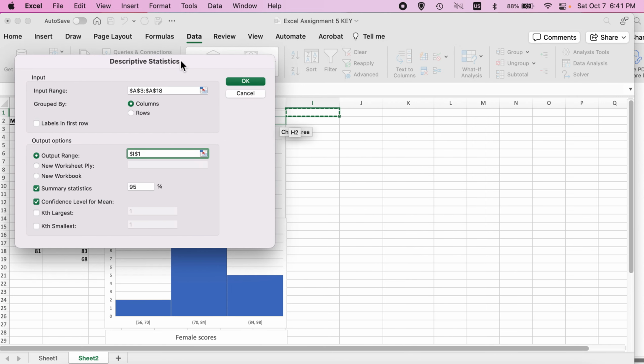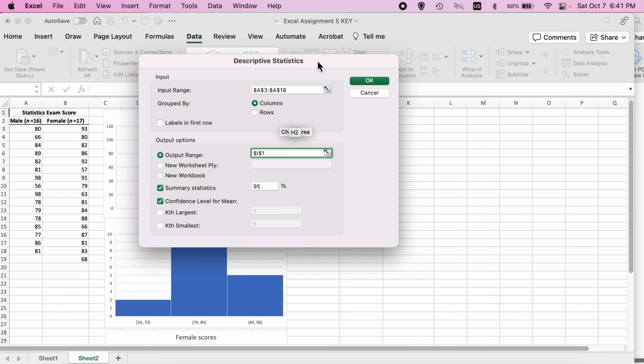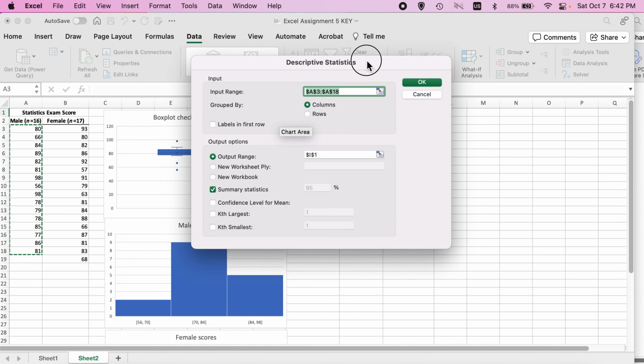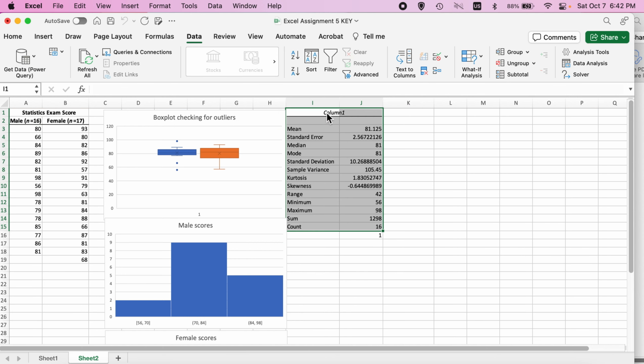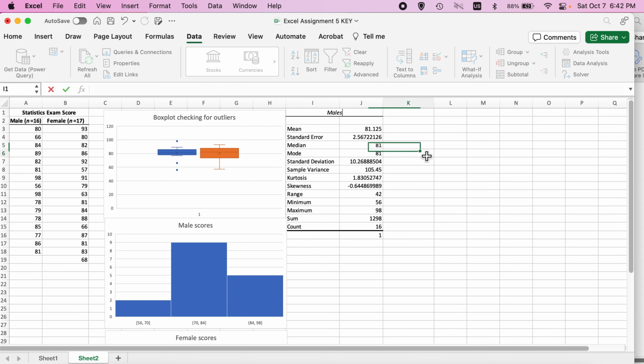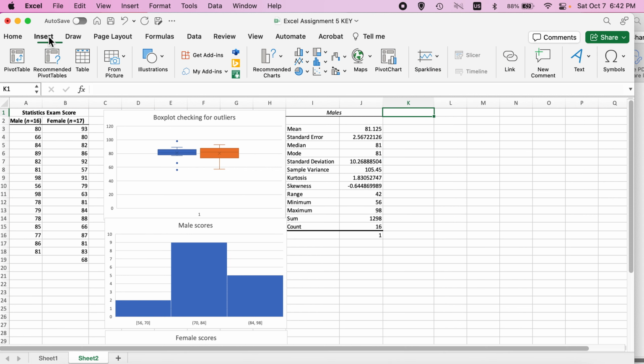I want it right here. And I want the summary statistics. I don't need the confidence level. You can click OK, and it'll pop up. You change it to make sure you have it properly labeled. And then you do the same thing.